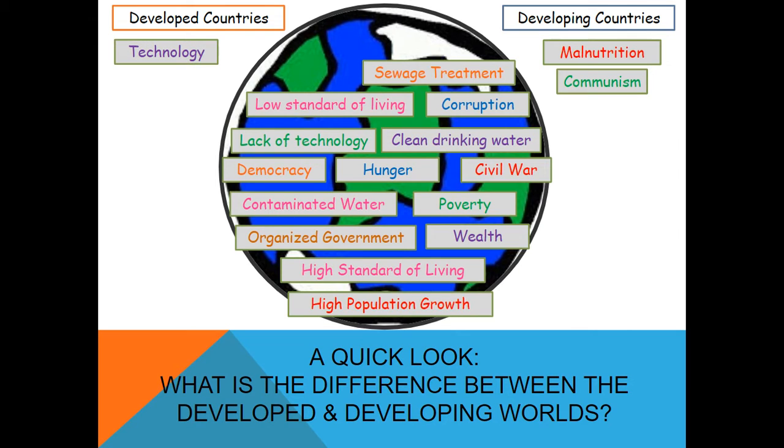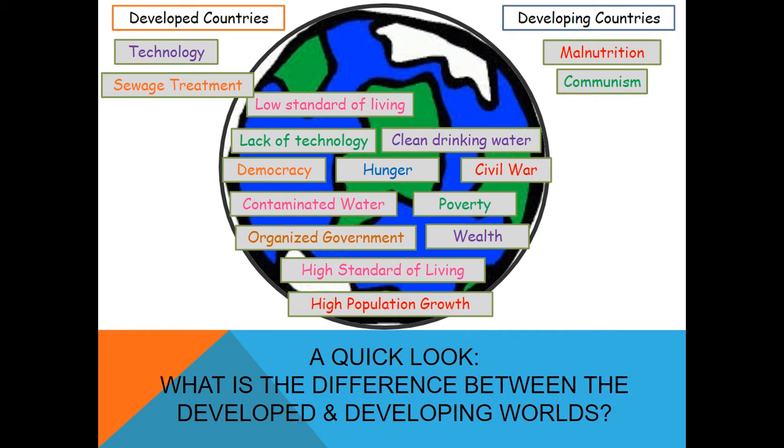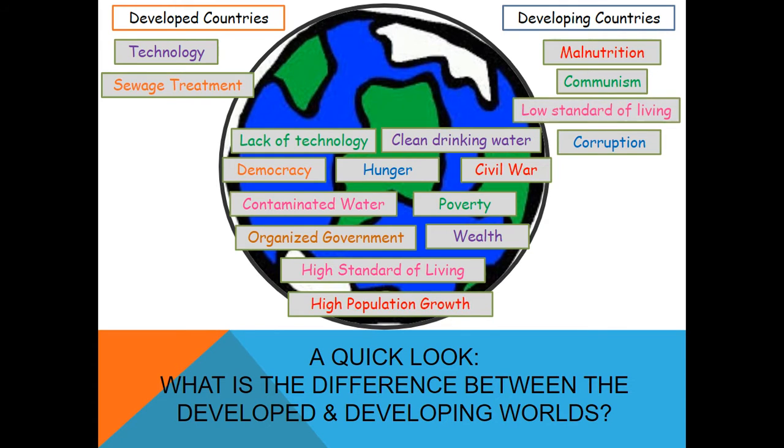Technologies found more in developed countries. Sewage treatment, having sewers and gutters and waste treatment plants that take care of our waste would be found more in developed countries. Corruption, meaning government officials abusing their power, spending the people's money in the wrong places, more common in developing countries.